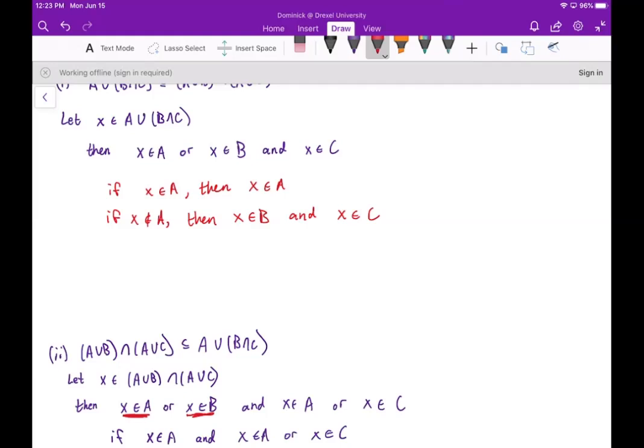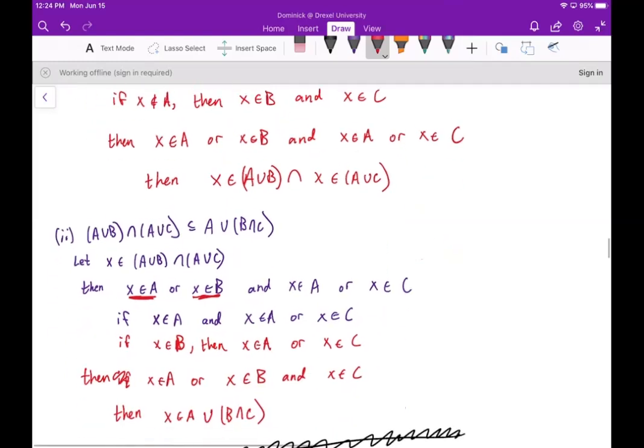So it looks like what we have here is that, oops, not, I should say then. Then we either have X is in A or X is in B and X is in A or X is in C. Right? And this would cover all of our cases. So then we have then X is in A union B intersect with X is in A union C.